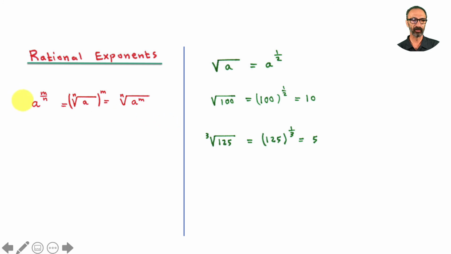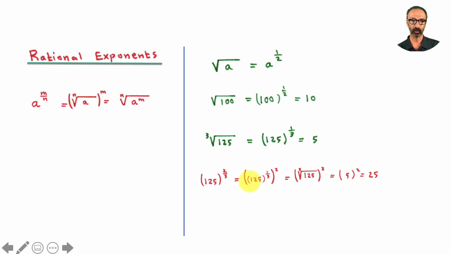Since we have m over n, this time I'm gonna have both. So in this case, 2 is like my m and 3 is like my n. 125 to the power 2/3. I could take the 1/3 first inside, keep the 2 outside, and that's this part right here.